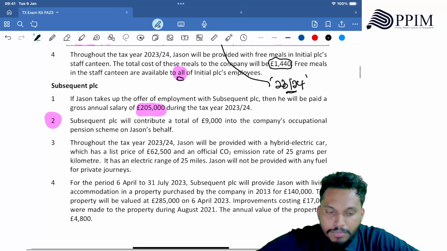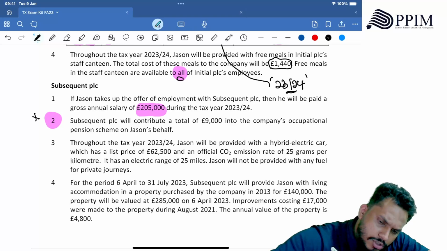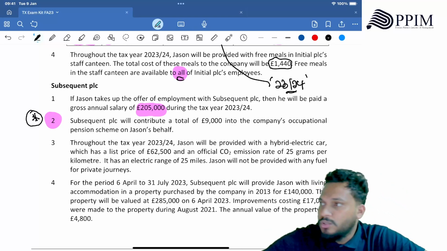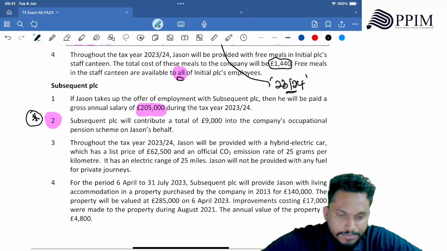Right, yeah, the personal pension scheme. If you are in doubt, I'll come to this point later. I'll keep an asterisk and go on, because you need to understand and try to process that thought. But still, let's go with the other parts.